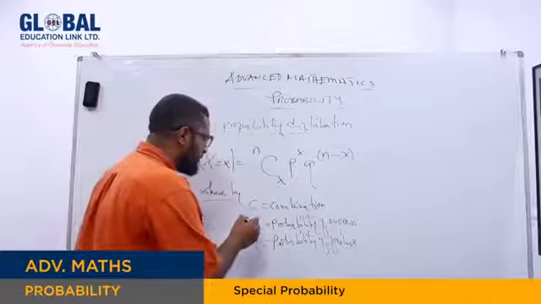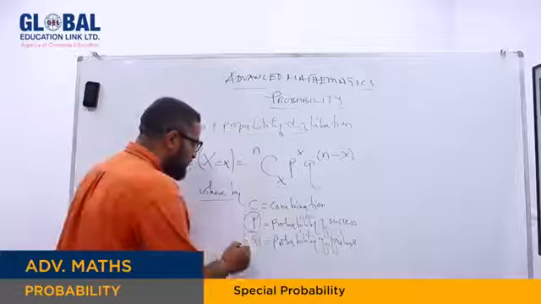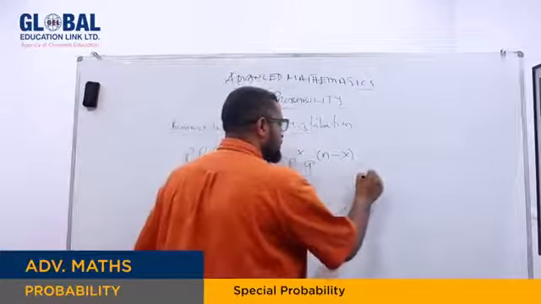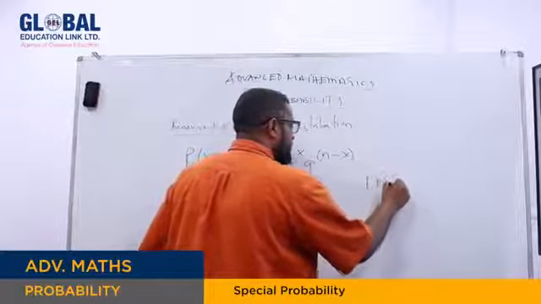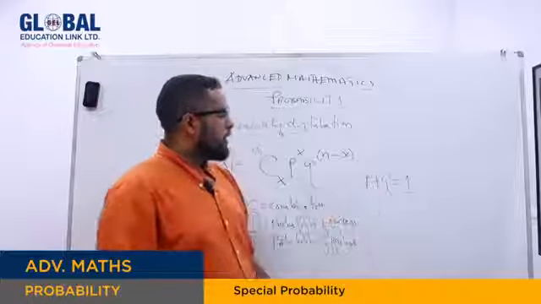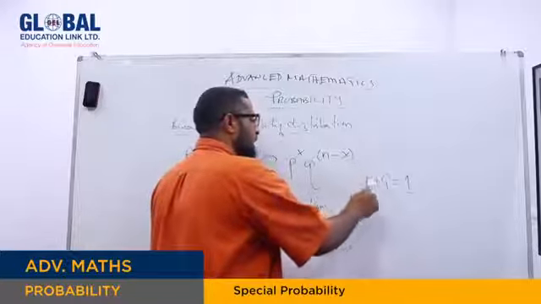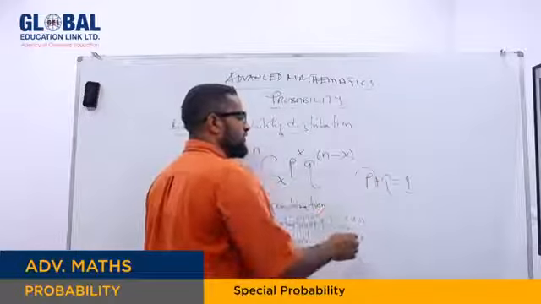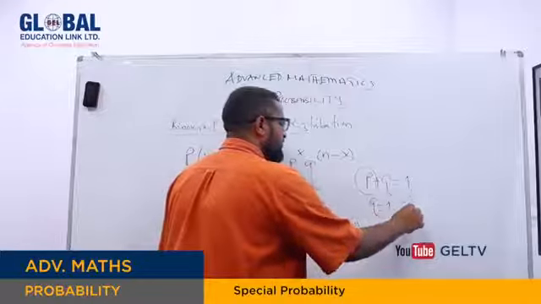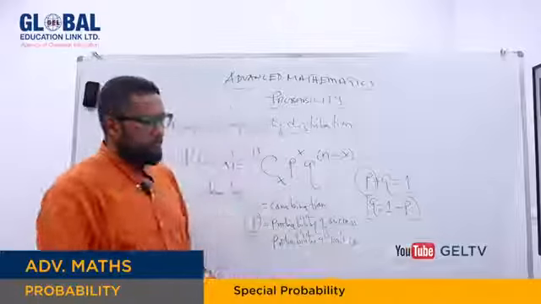So p is the probability of the event to occur, and q the probability of the event not to occur. If we add the two, p plus q equals 1. So if you are given the probability of success, to obtain q is the same as taking 1 minus p. It depends on the given question.